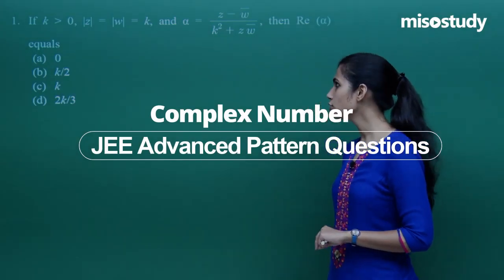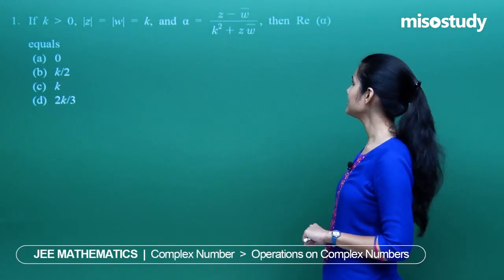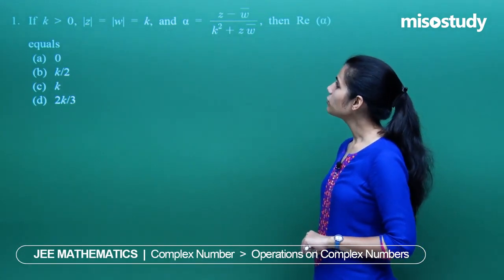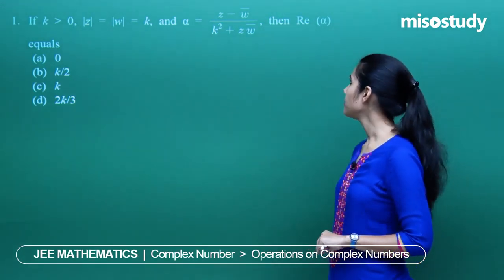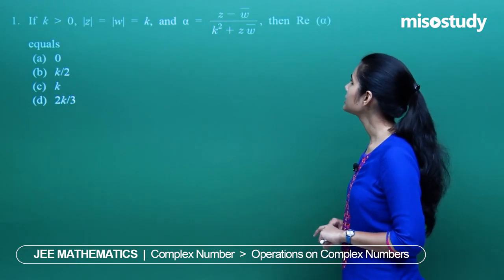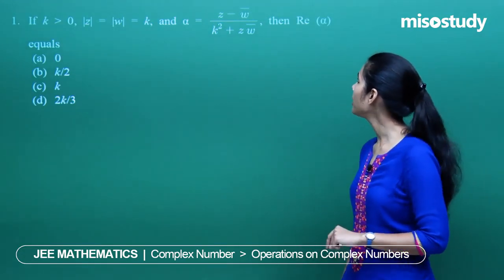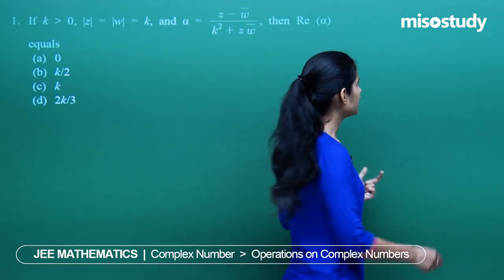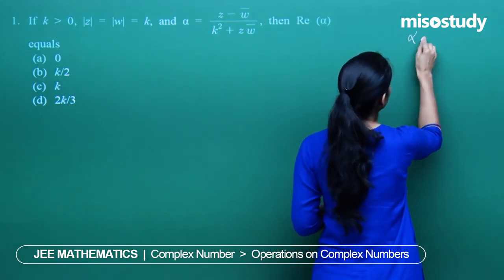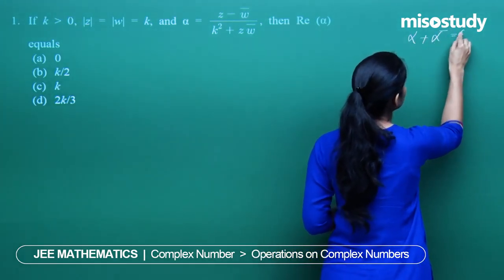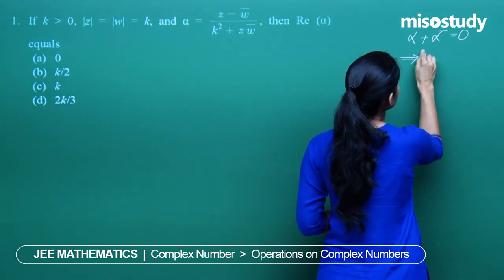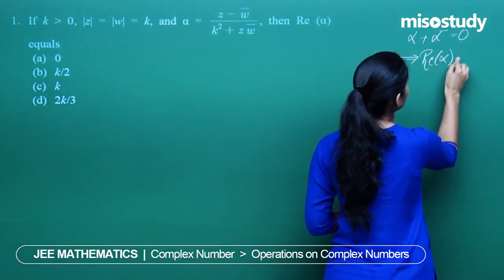Modulus of z and modulus of w are exactly the same. Here, if it is equal to k and alpha is given by z minus w bar upon k square plus z w bar, then what is the real part of alpha? Now see, the moment I show that alpha plus alpha bar is 0, this itself means that the real part of alpha is 0.